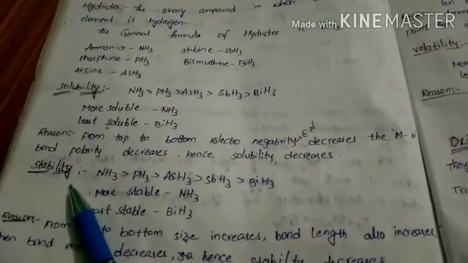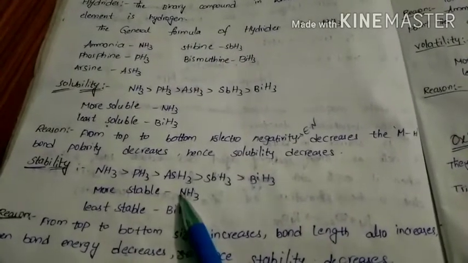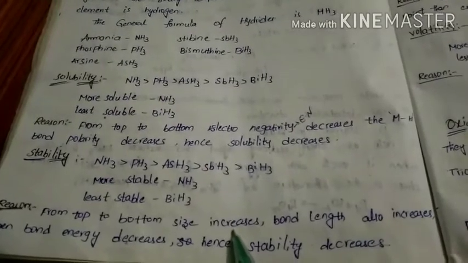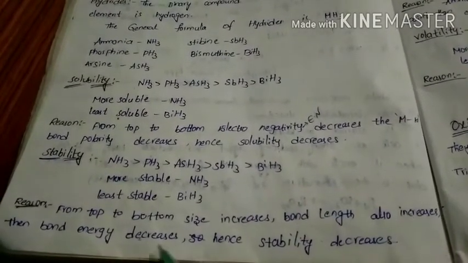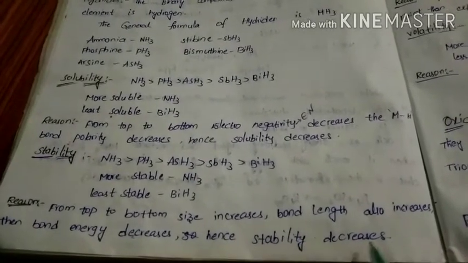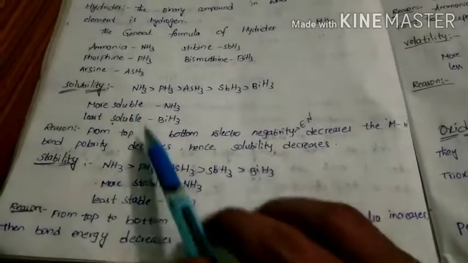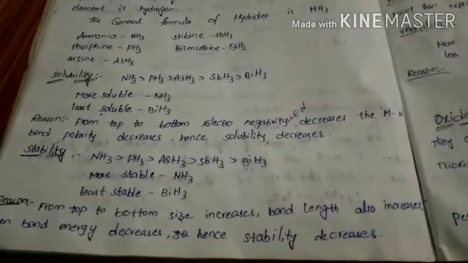Next is stability. From top to bottom, size of the atom increases, bond length also increases, then bond energy decreases, hence stability decreases. This is a very important point. In the previous case we discussed solubility, now we are discussing stability.